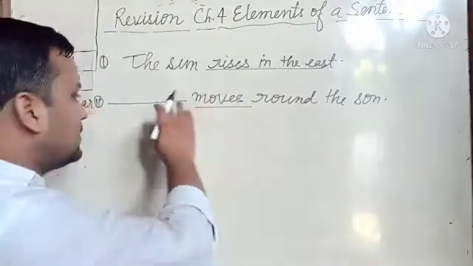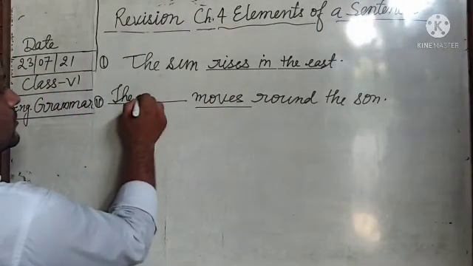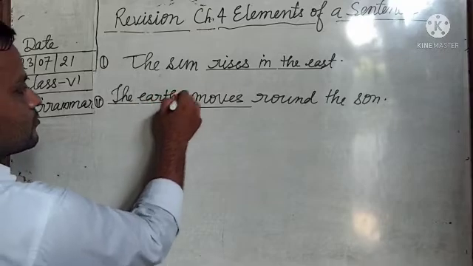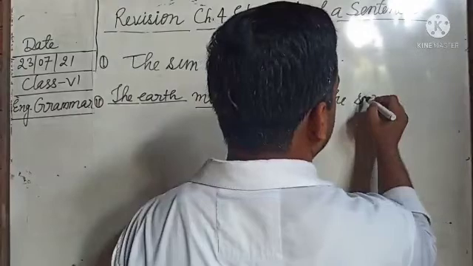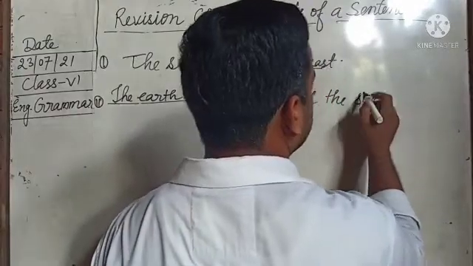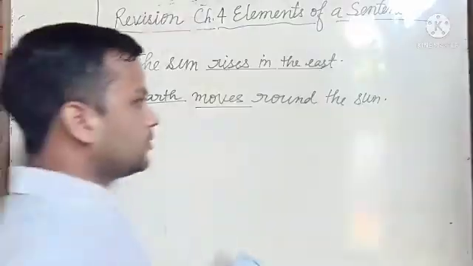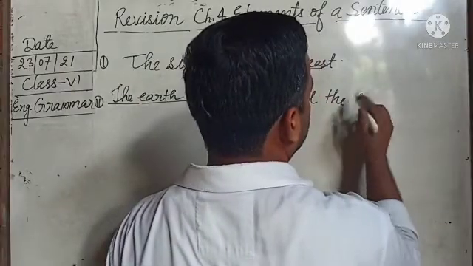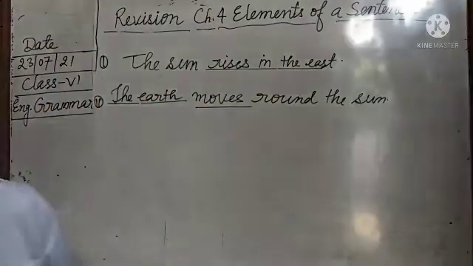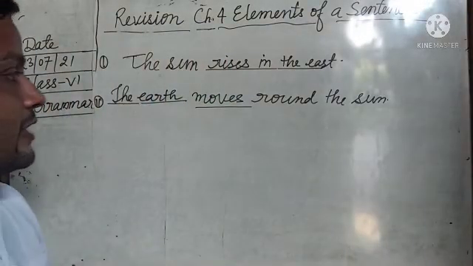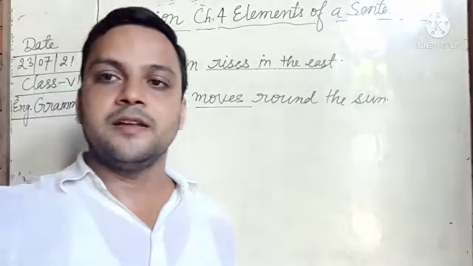So you have to add the subject. So here, the earth moves around the sun. Not S-O-N, S-U-N. The earth moves around the sun. So in this way you will do the exercise and revise the subject and predicate.